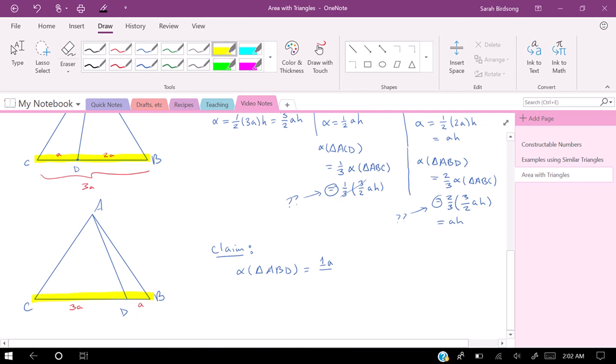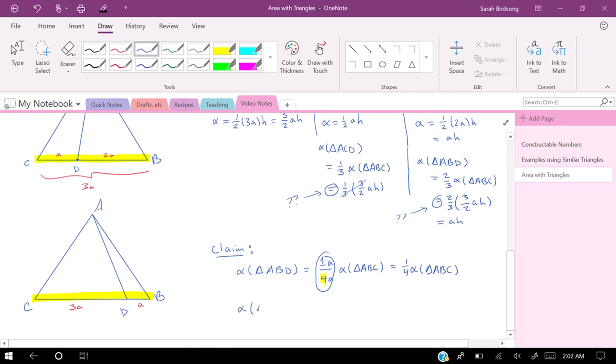Okay. 1A over 4A times the area of triangle ABC. Notice that is exactly the same thing as saying 1/4 times the area of triangle ABC. If you want to do it where you have this fraction of the actual length of the line segments, the A's in this case would always cancel.